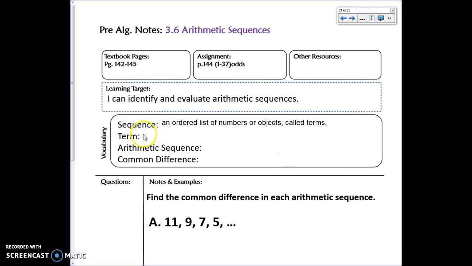And a term is an individual item in a list or sequence.